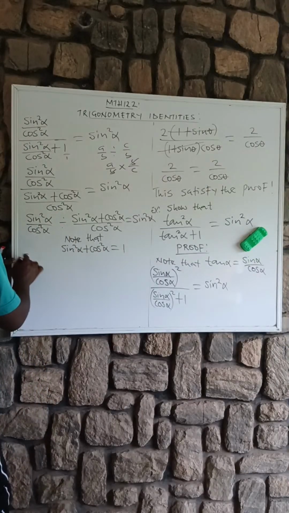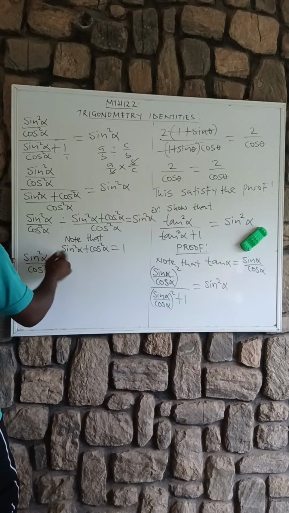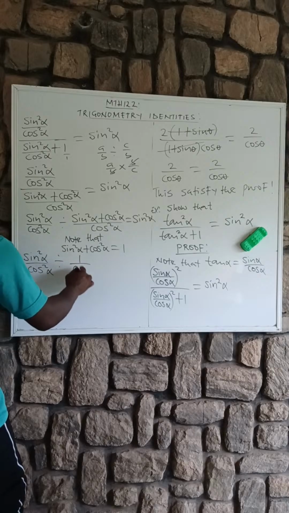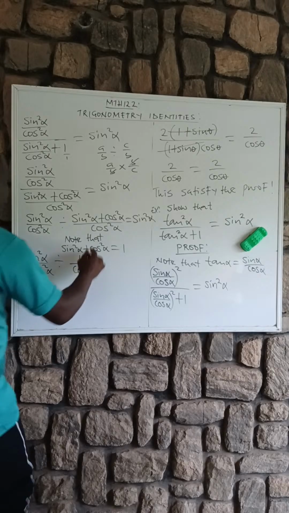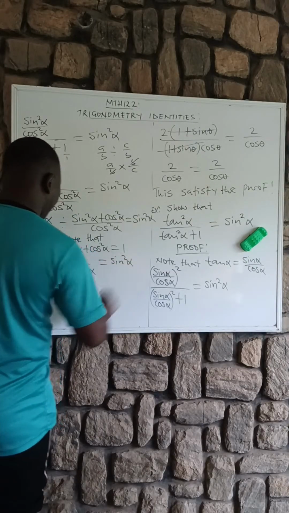So it means the left side will now be sin square alpha all over cos square alpha, divided by 1 all over cos square alpha, which is equals to sin square alpha.